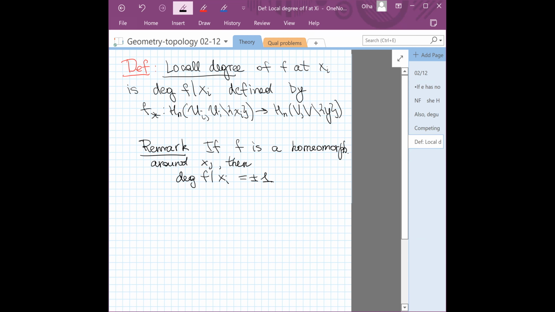And this can actually be used to compute degrees, together with the following nice proposition.